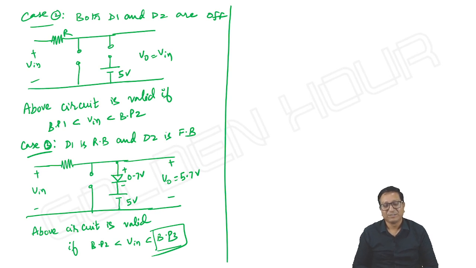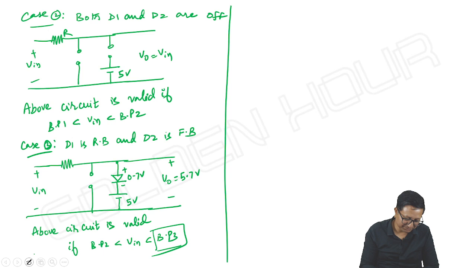When input exceeds breakpoint 2, the output reaches its maximum value, and that is not at all sufficient to cause D1 to undergo Zener breakdown. It is written just for our understanding purpose. Breakpoint 3 is not possible. I'm just erasing that.